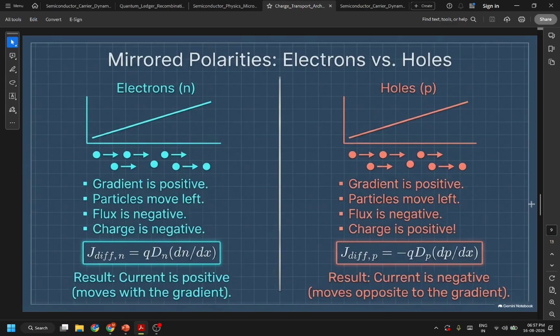But for electrons the charge is negative, whereas for holes the charge is positive. So the flux and charge won't cancel out. So J_diffusion,p is equal to -q D_p dp/dx. So this results in negative current. So the current here is moving opposite to the gradient, whereas for electrons the current is moving with the gradient.